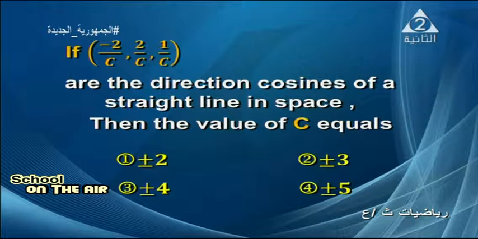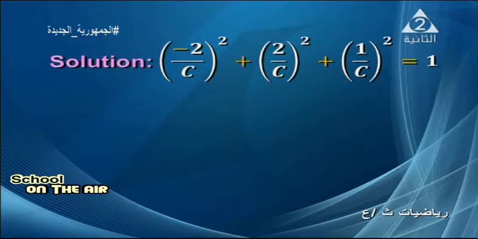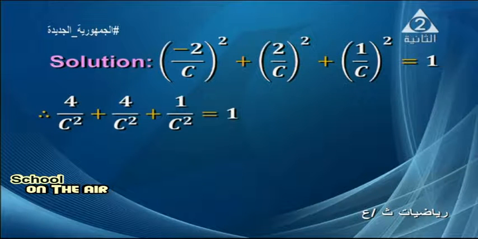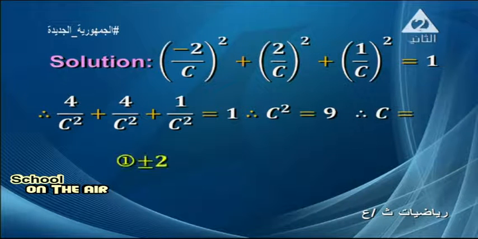After that, to calculate the value of c, we simplify. The first squared plus the second squared plus the third squared must equal 1. Then 4 over c squared plus 4 over c squared plus 1 over c squared equals 1. Then c squared equals 9, so c equals plus or minus 3.